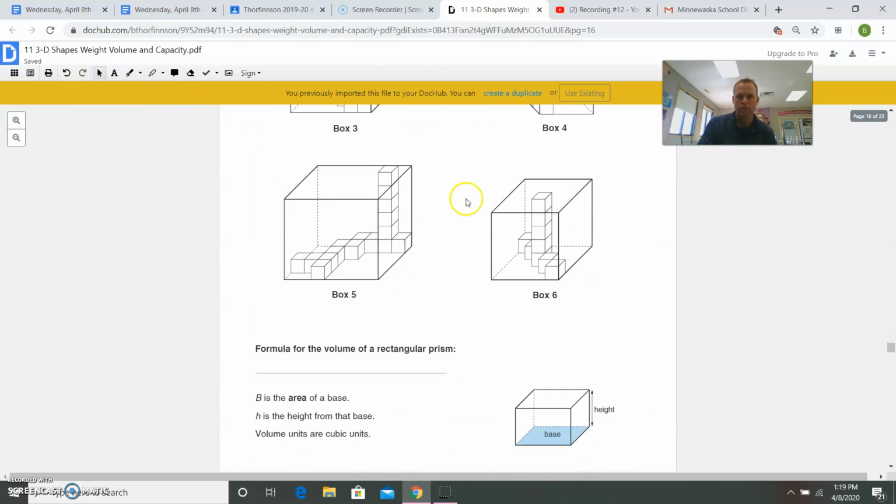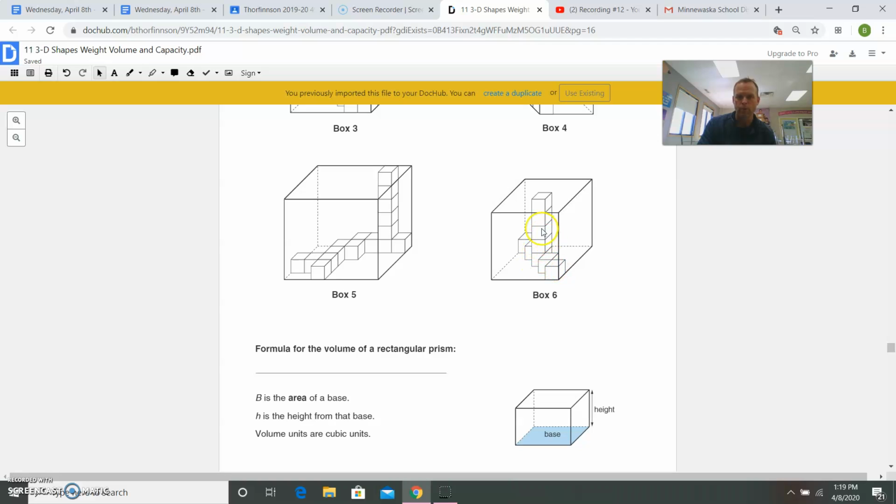And our final one, this one's kind of a little tricky because it almost looks like you need another block there, but this is in the middle of the box. So let's count front to back, 1, 2, 3, 4, 5. And then side to side is the same, 1, 2, 3, 4, 5. It would be 5 and 5. 5 times 5 gives us 25, and then how many stacks of 25 do we need?